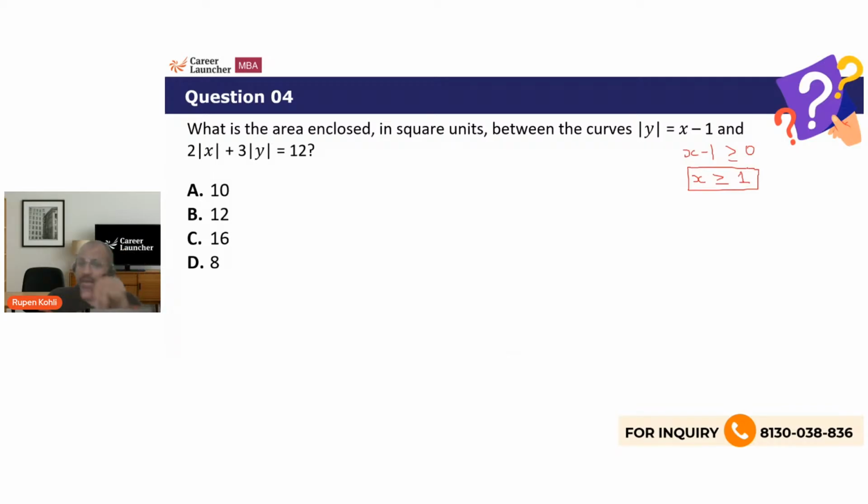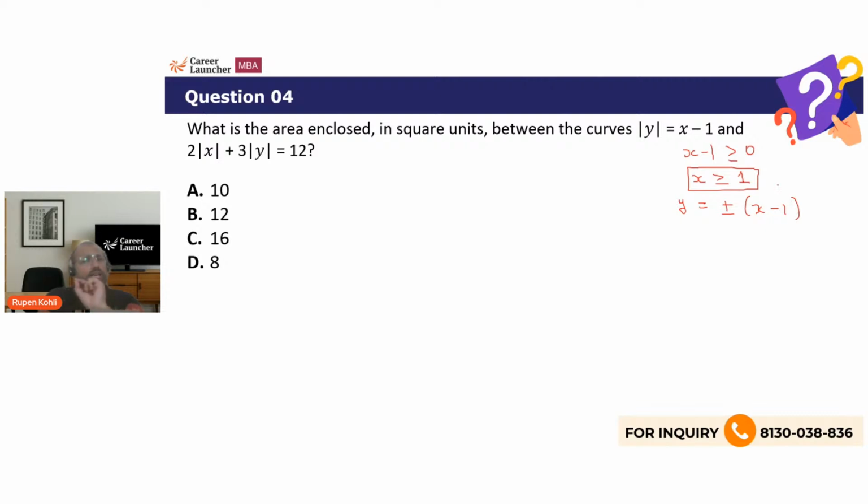And when that happens, we have obviously y is plus or minus of x minus 1, because that is the basic way we deal with any modulus equation. Mod y equals something, so y is plus minus of that thing.